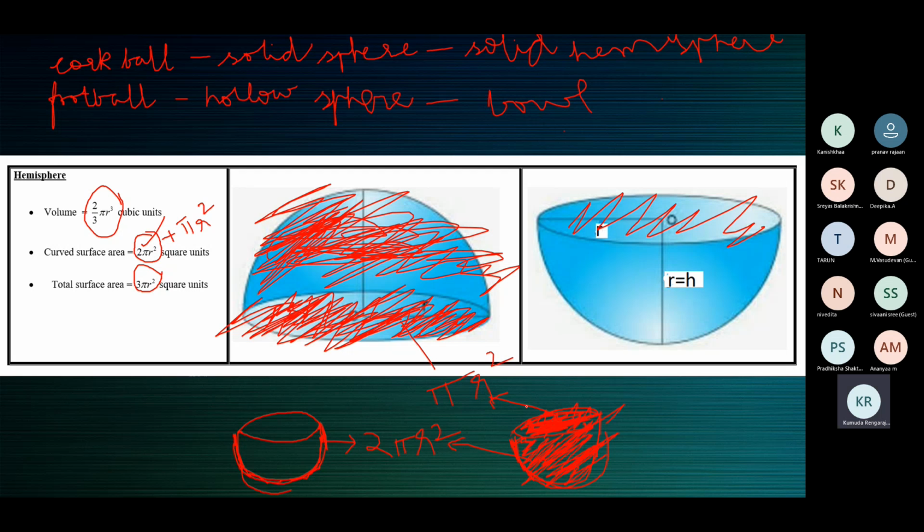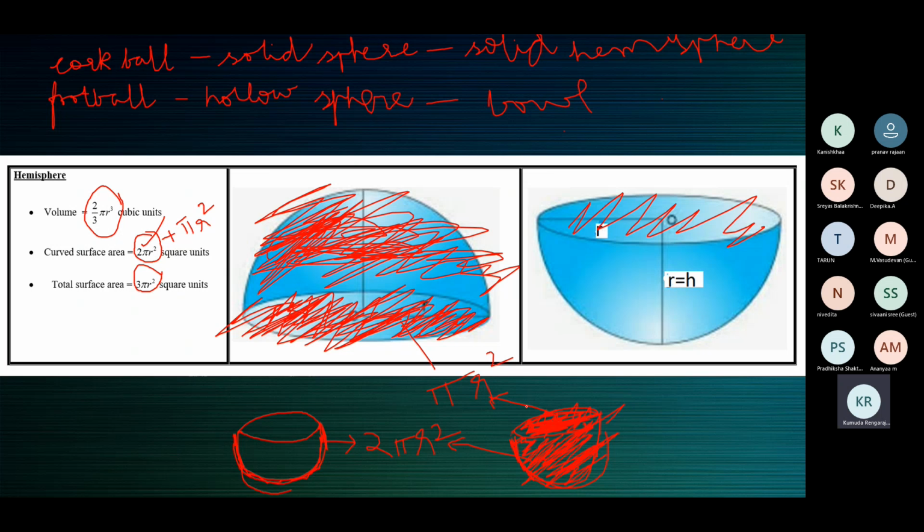So you should have got the difference between a solid sphere, for example a cork ball or a laddu, and a hollow sphere, which is empty inside. There is no material inside, it's filled with air, for example a football. Half of a solid sphere, half of a cork ball, is a solid hemisphere.